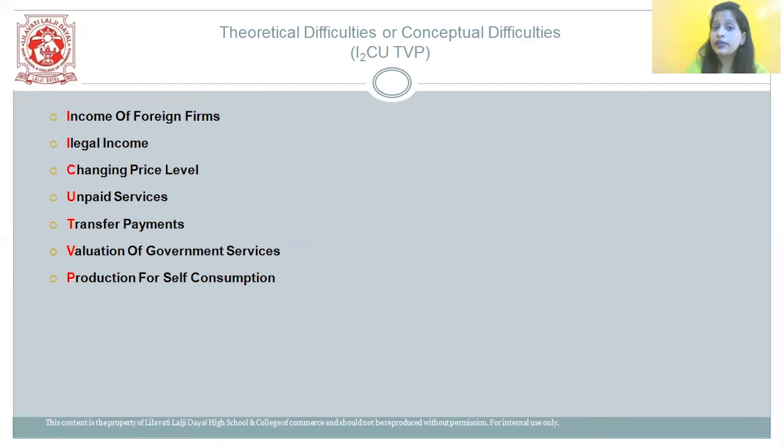So these are the theoretical difficulties for measuring the national income. So it is ICU, TVP: I is income of foreign firm, I illegal income, C changing price level, U unpaid services, T transfer payment, V valuation of government services, P production for self-consumption.